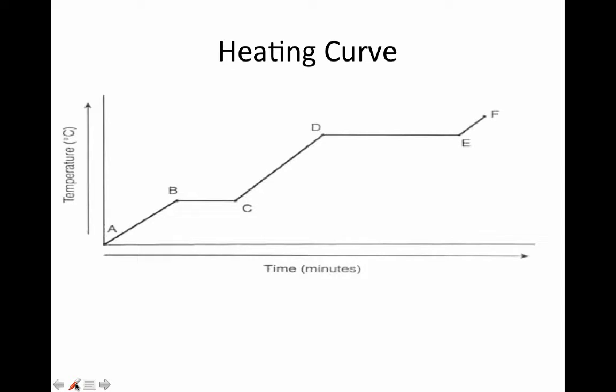And this is called a heating curve. So what a heating curve actually is, it is a graph that shows the change in temperature as energy is added to a substance.